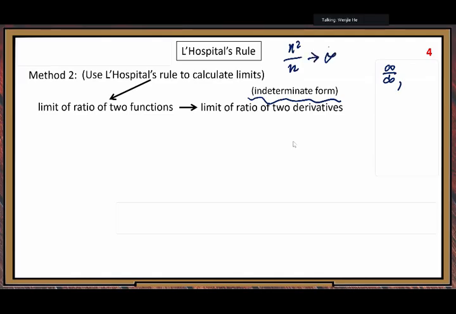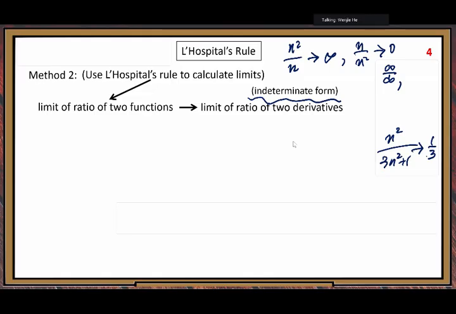And it could be 0: look at n over n squared, the limit is 0. And it could be a constant: let's say n squared over 3n squared plus 1, it could be a constant, 1/3, and so on. That's why we call it indeterminate form.